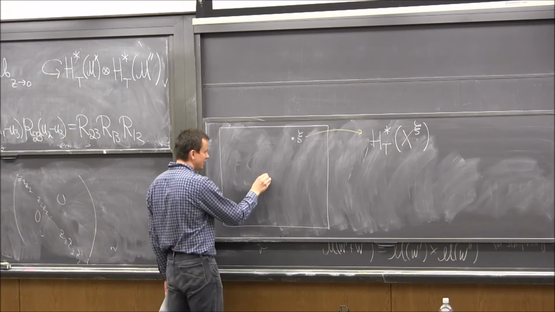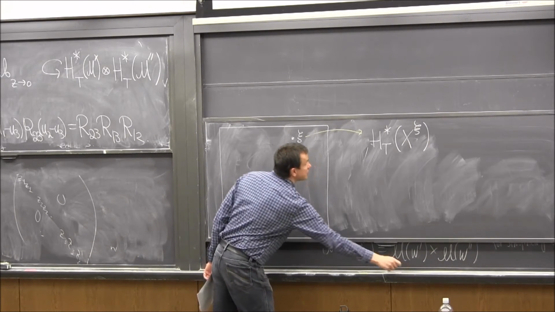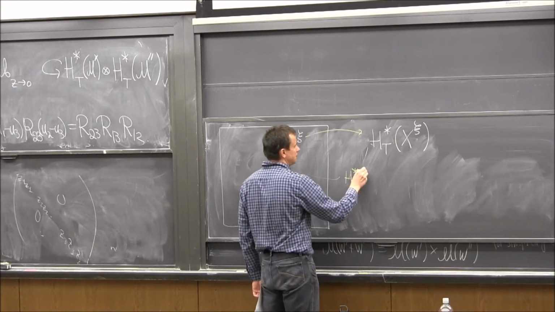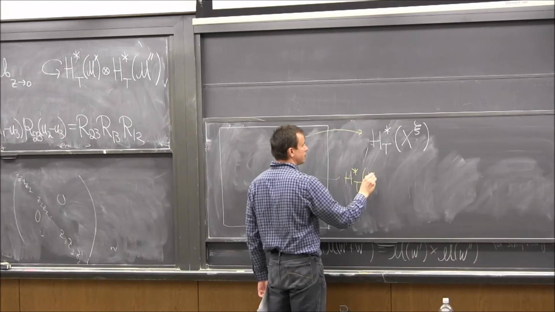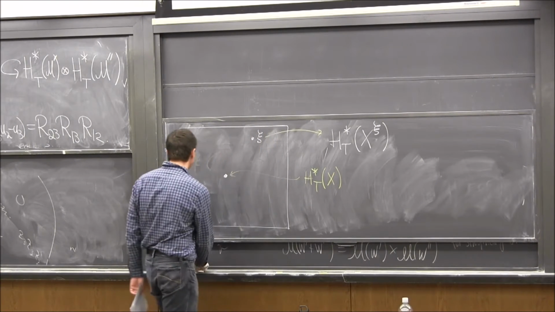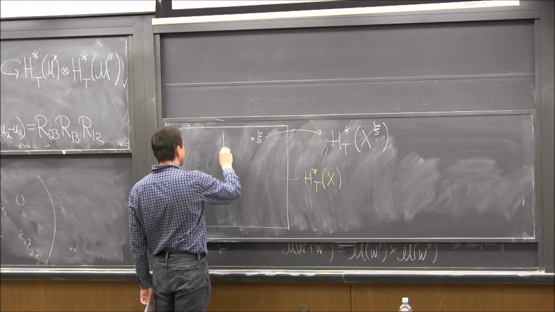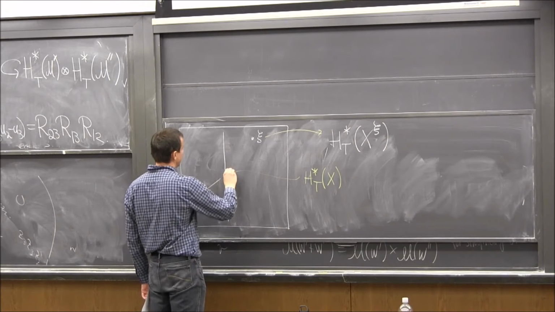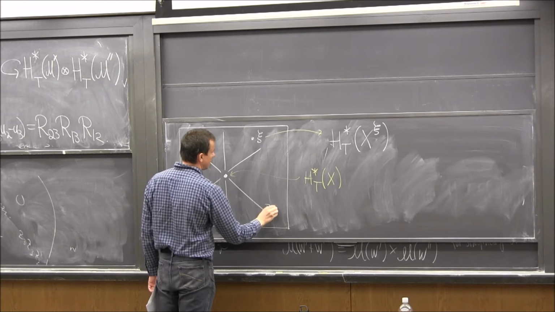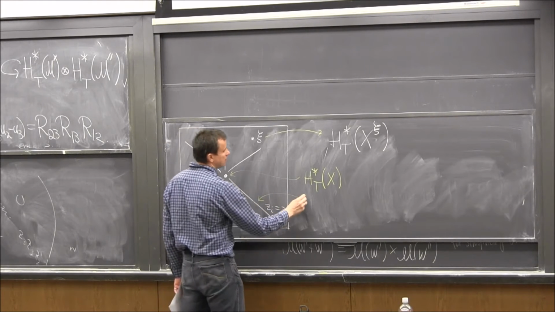Like over the origin, I have the whole space. So here I have the whole space sitting. Then whenever two of these eigenvalues coincide, so this was Z I over J, I get the product of two Nakajima varieties.